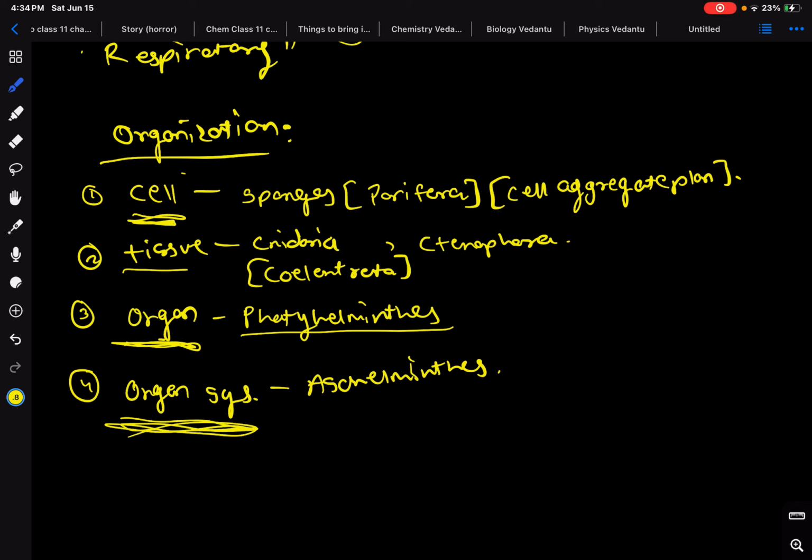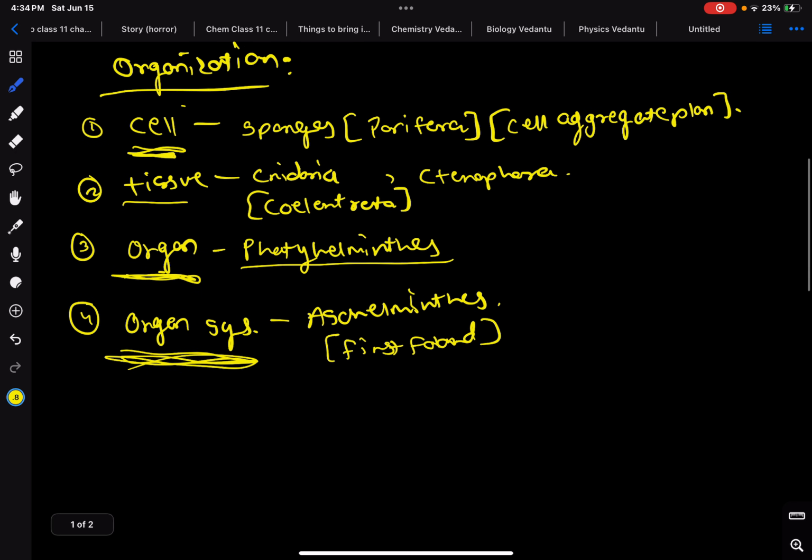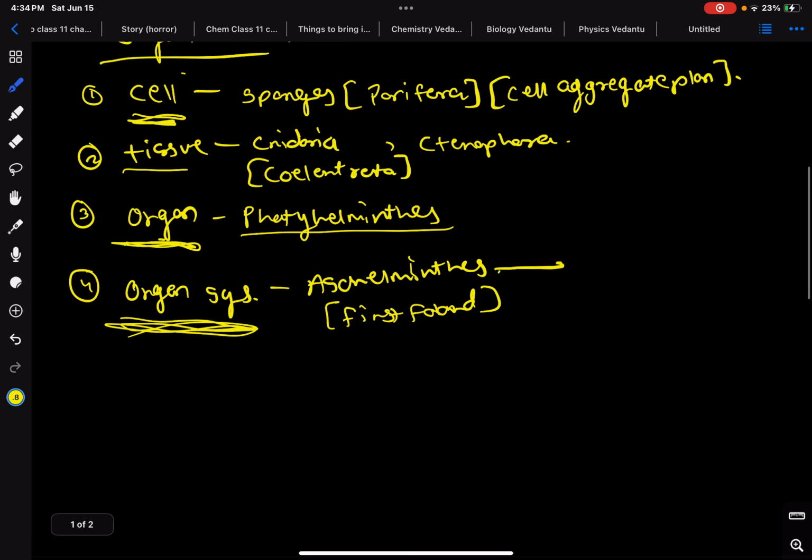We will be talking about that in the third video after this. Then we have the organ system level of organization, which is first found in Aschelminthes, and it goes all the way to chordates, where we are, humans. We are chordates.